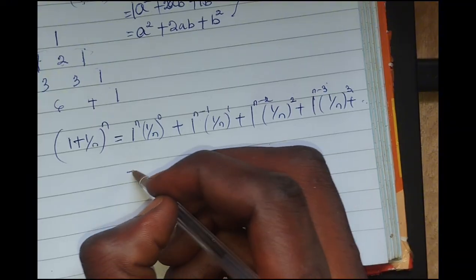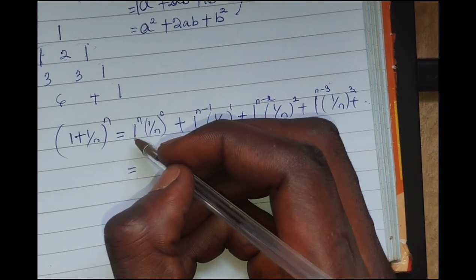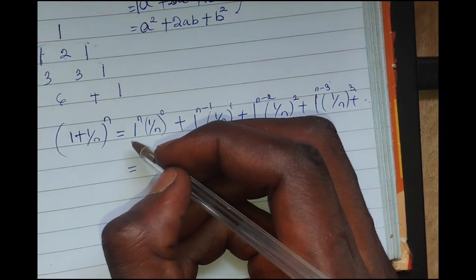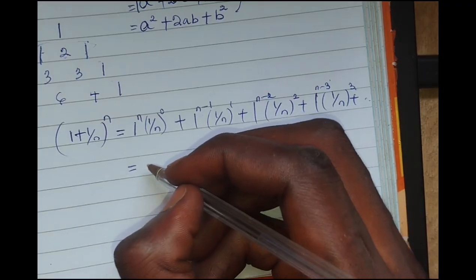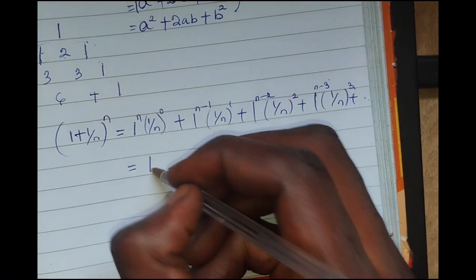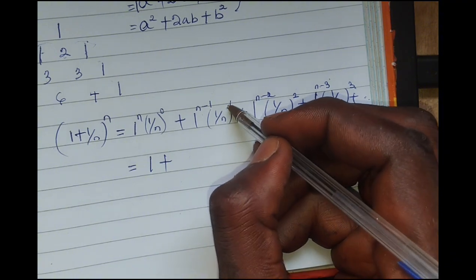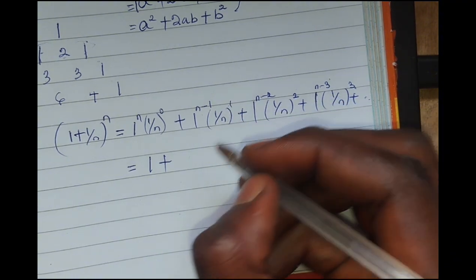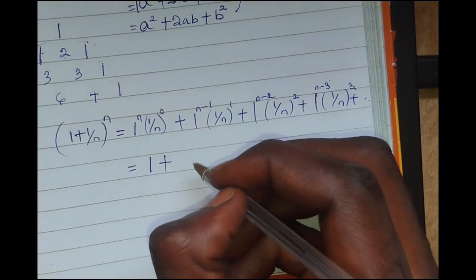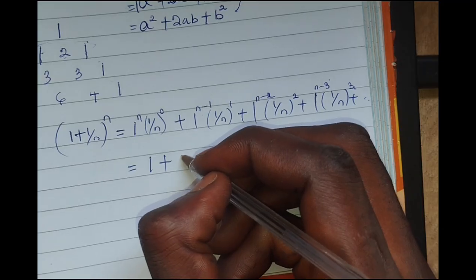So let's simplify this. We have 1 to the power of n. When you take 1 to the power of any positive integer, it gives you 1. So 1 times 1 will give you 1, plus 1 to the power of 1 is 1, all over n to the power of 1. So here we have 1 all over n.